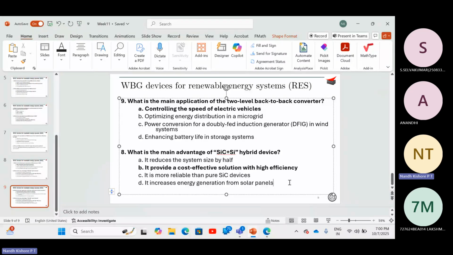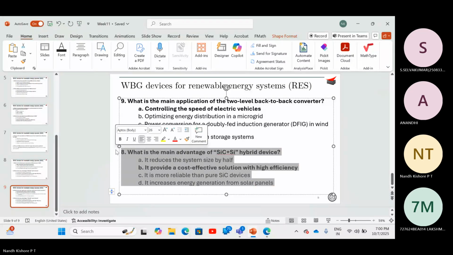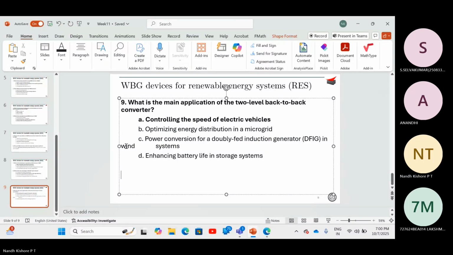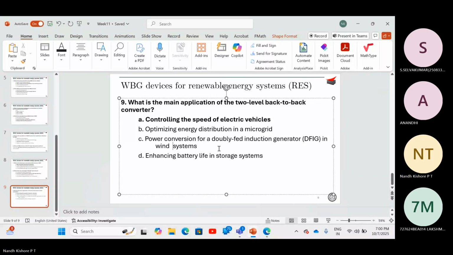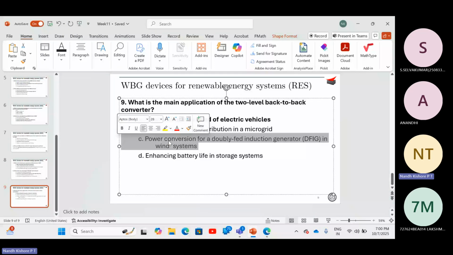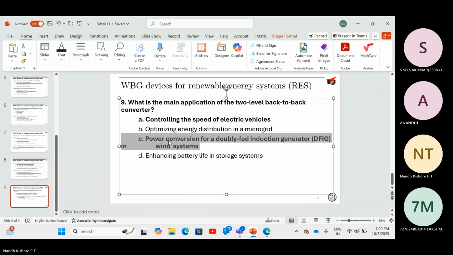So what is the correct answer? Correct. The two-level back-to-back converter is mainly used for a DFIG, doubly fed induction generator.